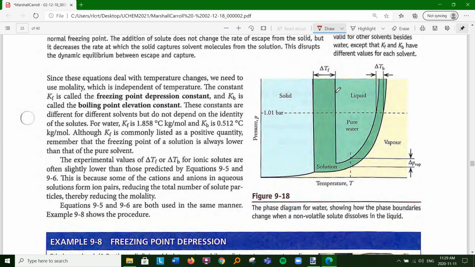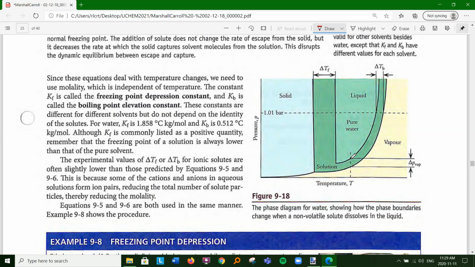This shows how the phase boundaries change when a non-volatile solute dissolves in the liquid, for example, salt in water. Okay, so, sorry, the solution is this one. This is the solution. This is the pure. Okay, so you see that the freezing point is decreased when I create the solution, and it is increased for the boiling point.